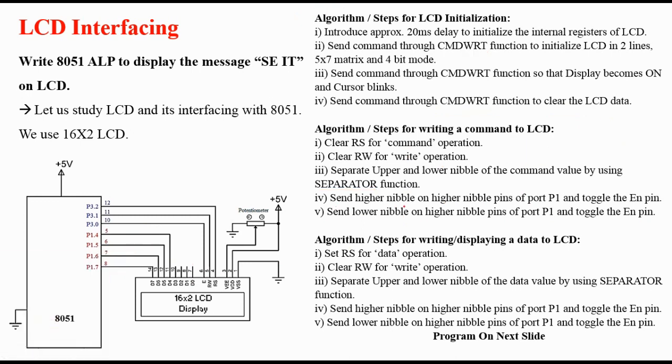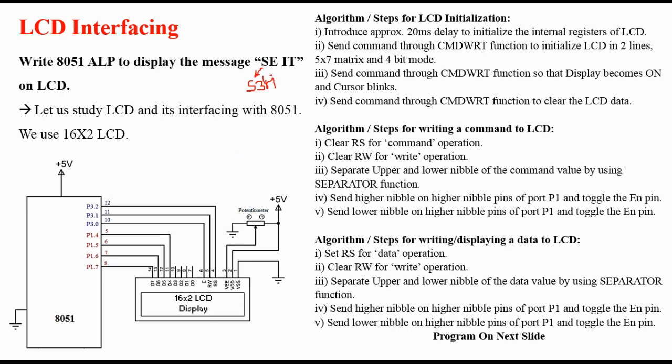Now in the same way we can send data. Firstly, data equal to S, because we are expected to send SEIT. Our first data is S. This S is represented as 53H.